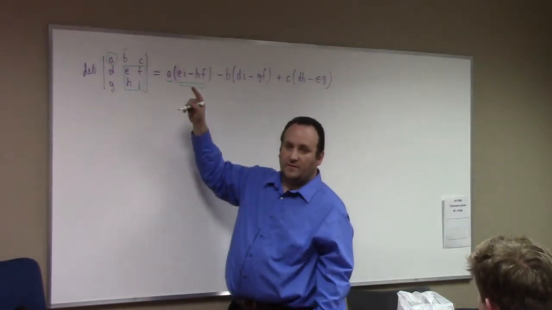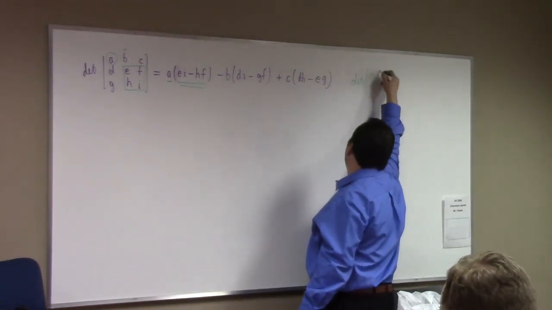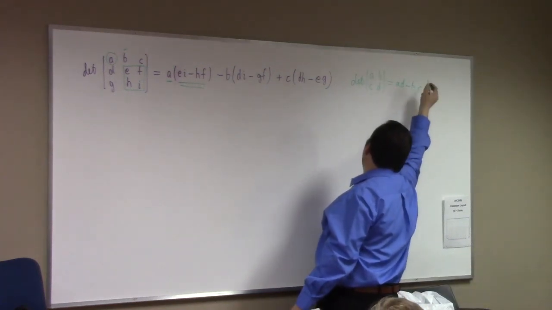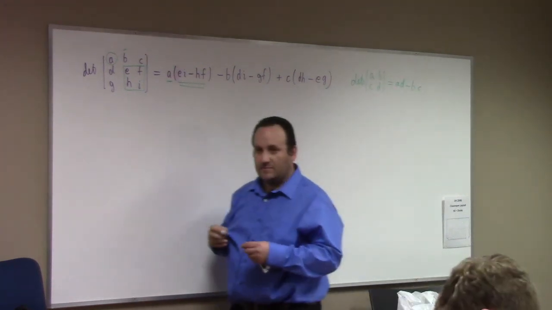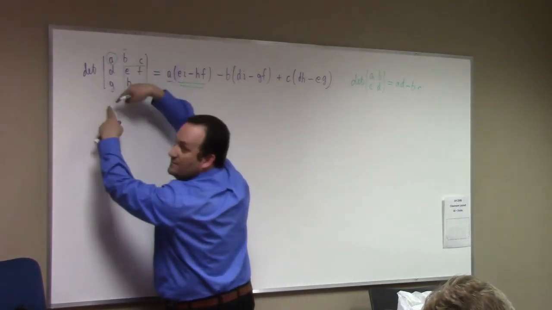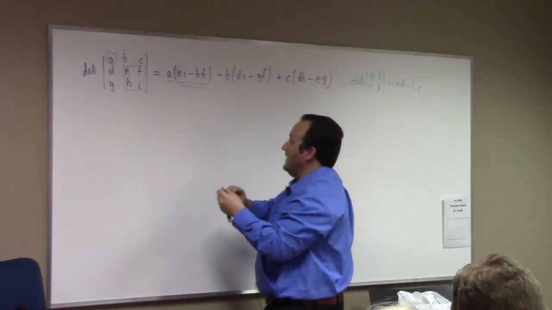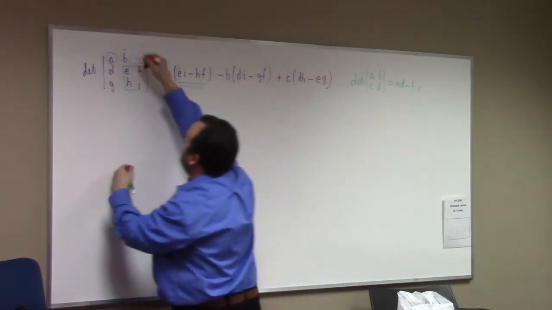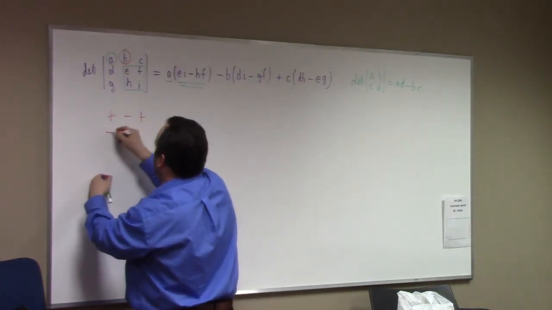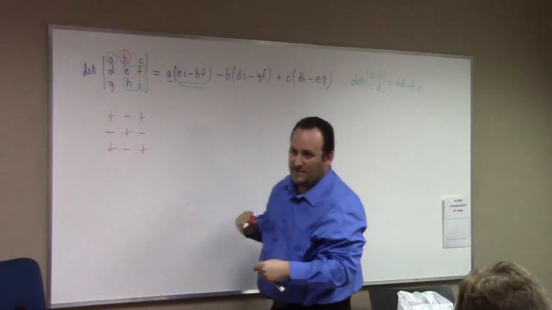So remember the determinant of the 2 by 2? Right, AD minus BC, like that. So this is actually the determinant of the 2 by 2 that's not in that first row and first column. Then B. Well, there's a plus, minus, plus, minus pattern for Laplace's expansion by minors.